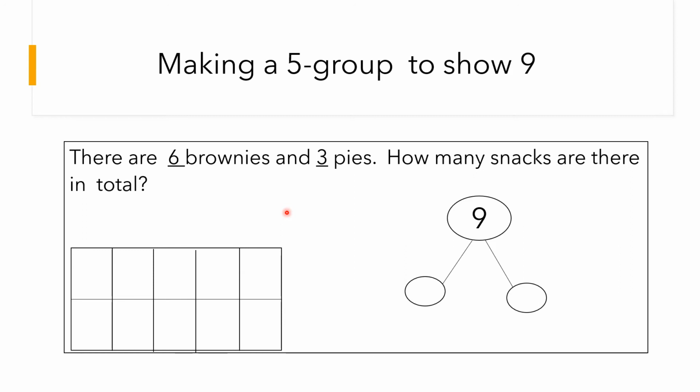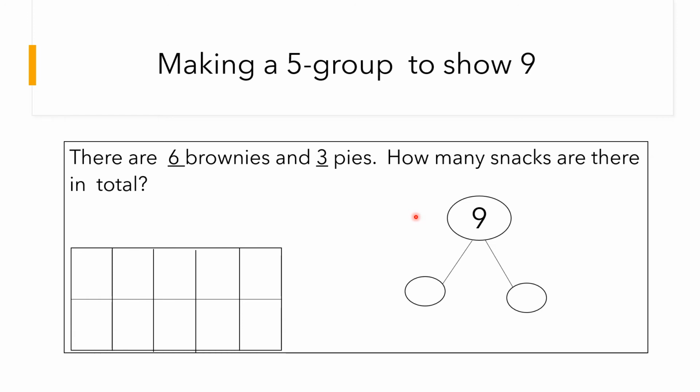This is a good opportunity for you to pause the video, grab a piece of paper and a pencil so that you can complete your own 5 group for this number story. Also, take an opportunity to complete a number bond.